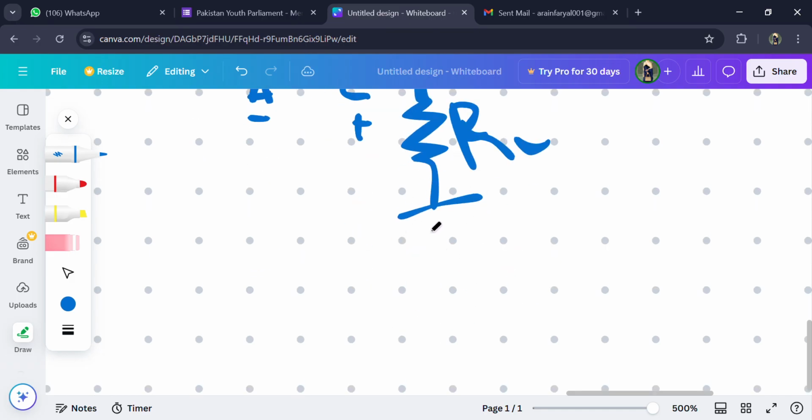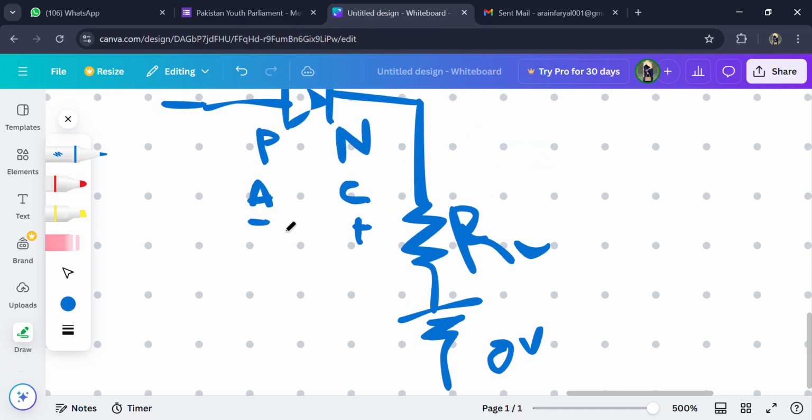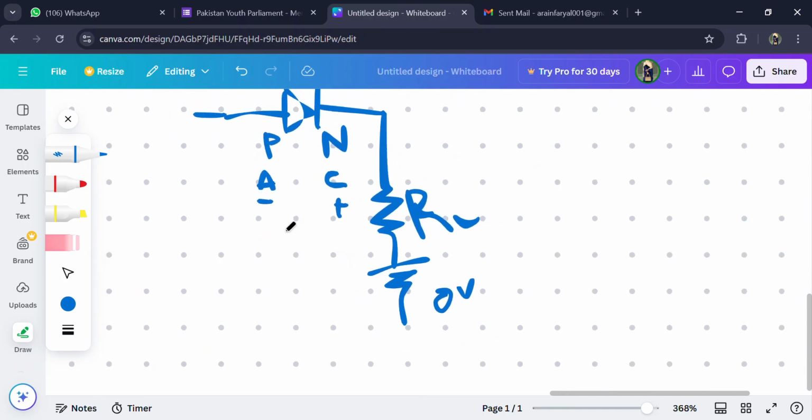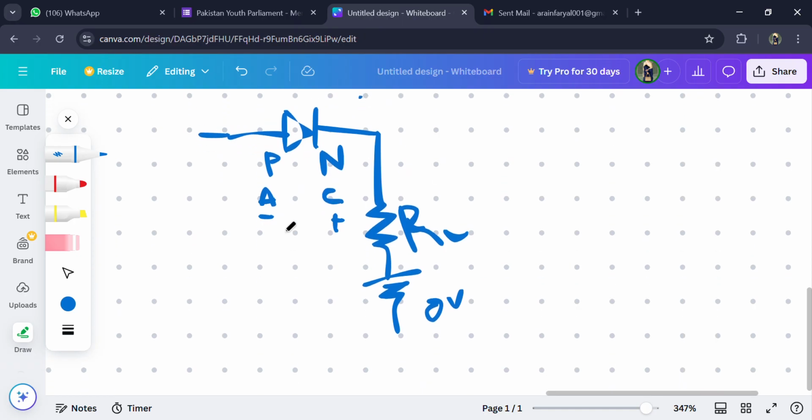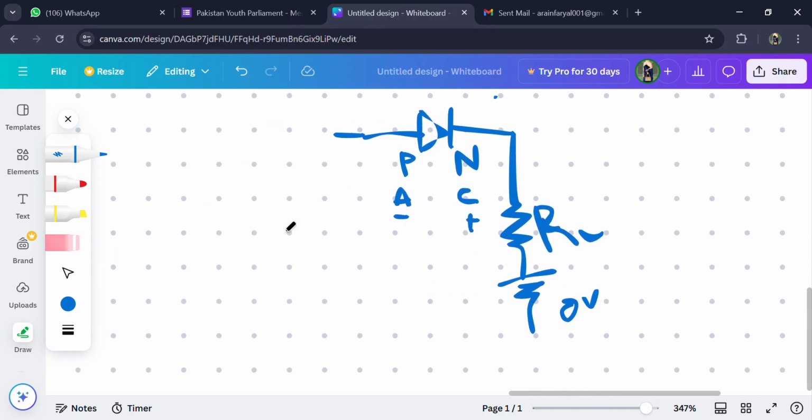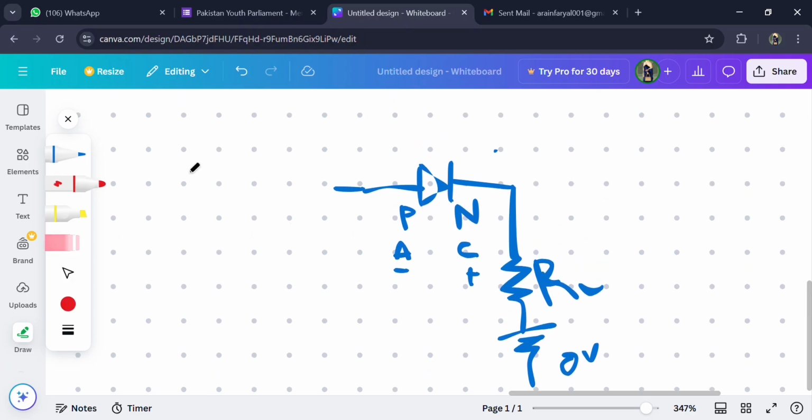Then we have ground. Ground is the zero voltage point where the voltage becomes zero. So this is the device which is used to do half wave rectification. So let's get started. Let's draw the wave.